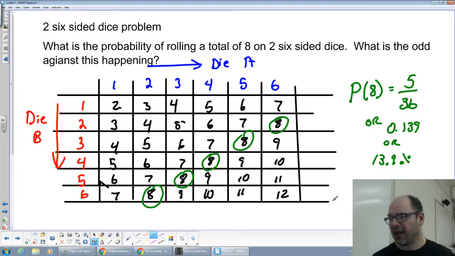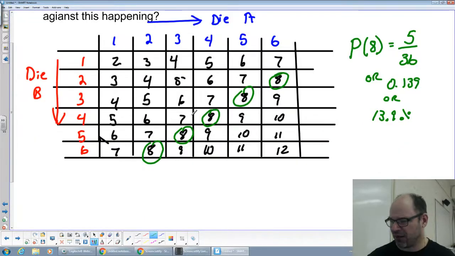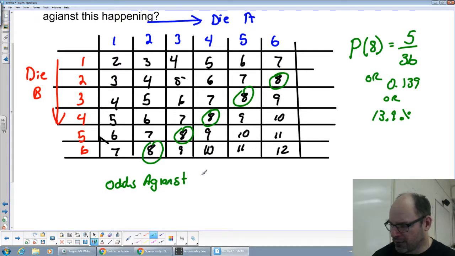Okay, so that's how you can get the probability. Now, obviously, what are the odds against this happening? So odds against an 8. Okay, so this is unfavorable over favorable.